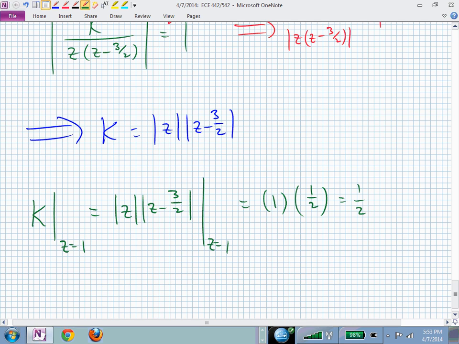We have a k value of 1/2, and that will now get us, so we crank up the gain k from 0 up to 1/2, and that will now allow us to get right to the stability boundary, right to the unit circle. So any value of k between 0 and 1/2 is going to give us an unstable system. So we need to crank up that gain to at least 1/2 to get us to a stable spot.